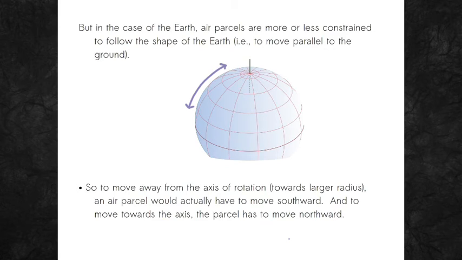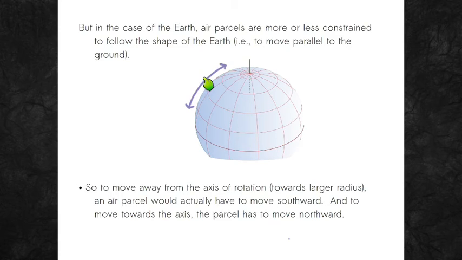But a second, actually sort of more fundamental reason is that in order to move outward away from the Earth, the air parcels would have to counter gravity. And it turns out that gravity and the pressure force that we talked about that holds columns of air up against gravity, those forces are much bigger than the kinds of things that we're talking about here associated with the rotation of the Earth.